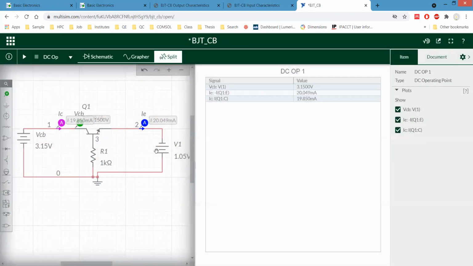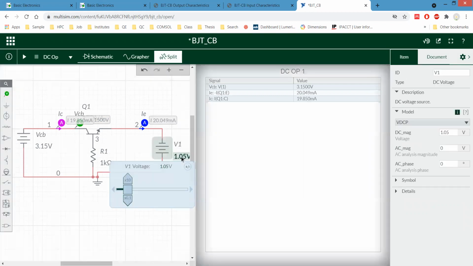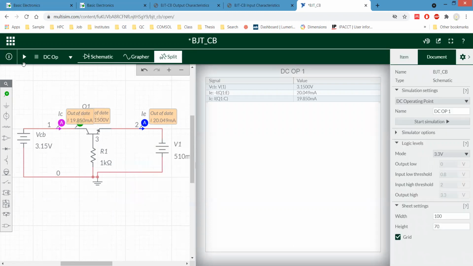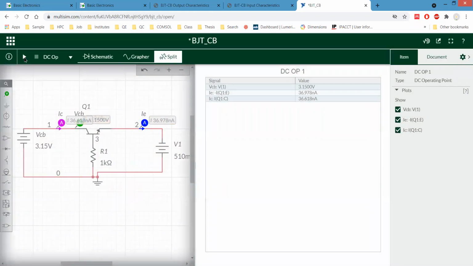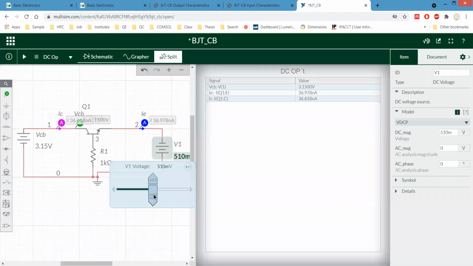That is also a higher value. Initially we have to keep the IE constant. It should not be in nanoamps. It should be in milliamps. Then only we can have it.